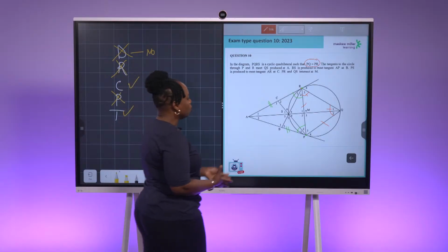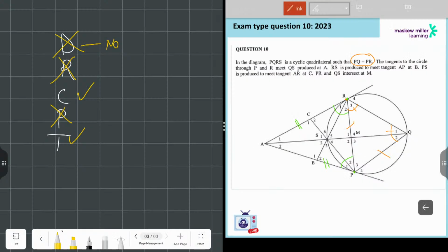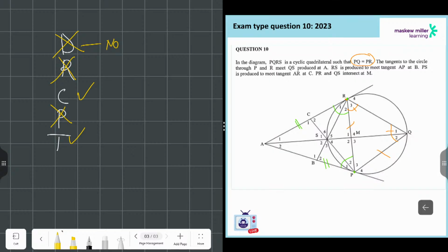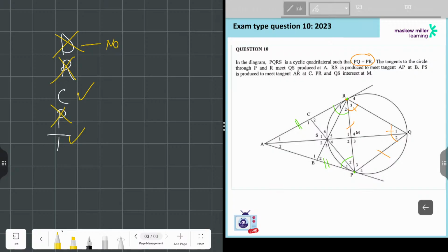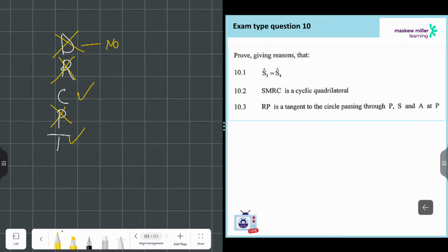All right. So this is the information that I have got right now. I can move on and see what I need to do, because the rest they're just telling me what is produced, which tangent I am working with, and what is intersecting where. So at this point I'm ready to look at answering the questions.